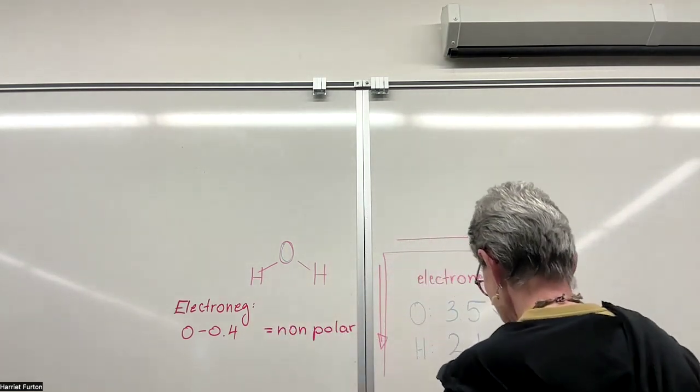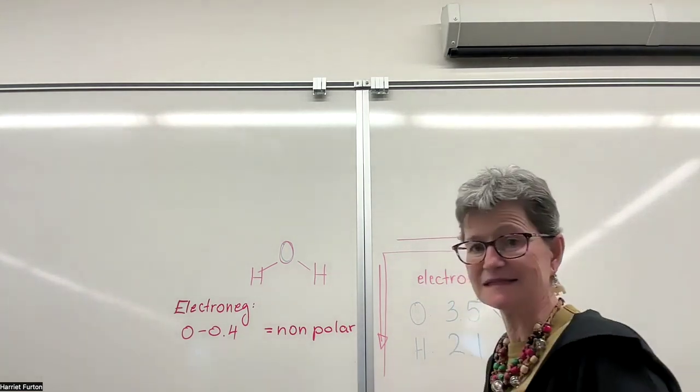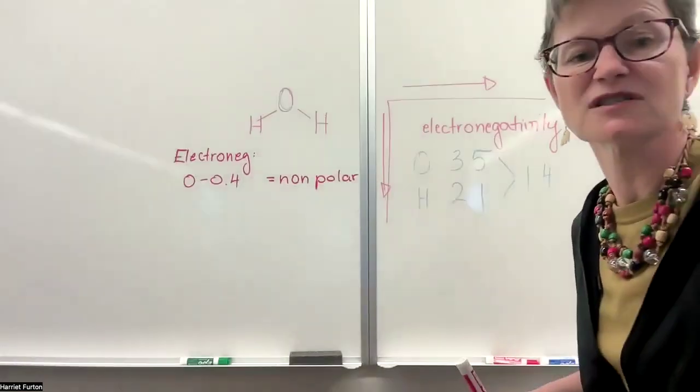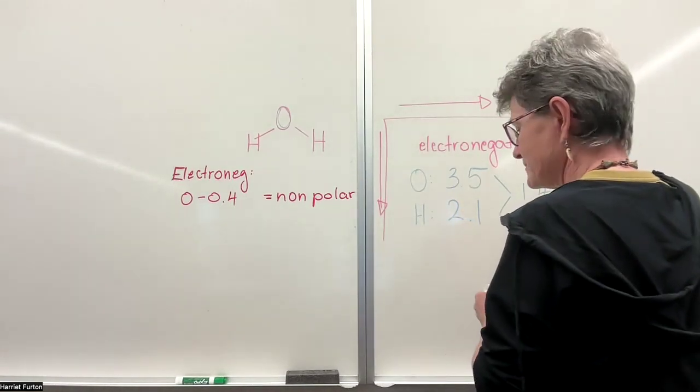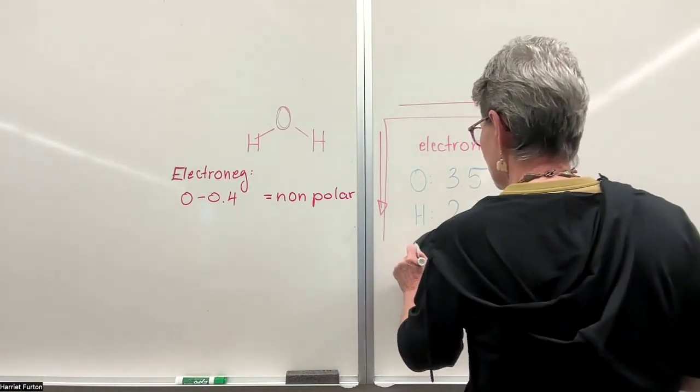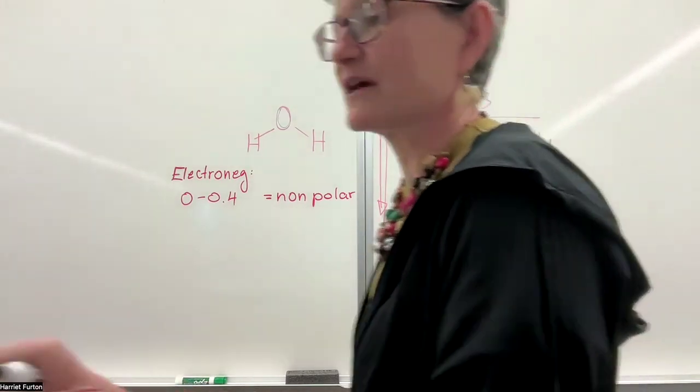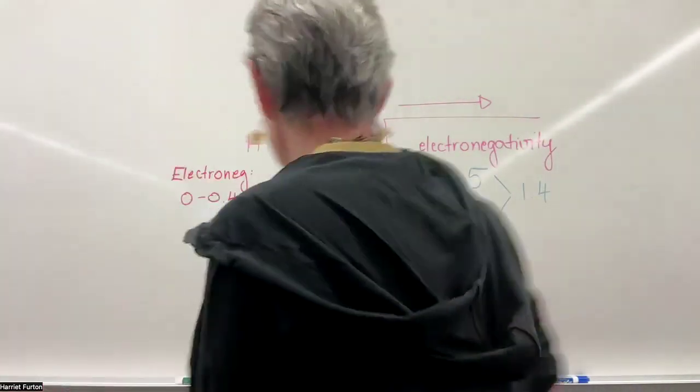Let's check one example from the assignment. The carbon electronegativity is 2.5.